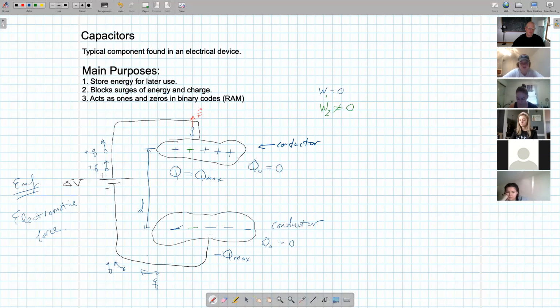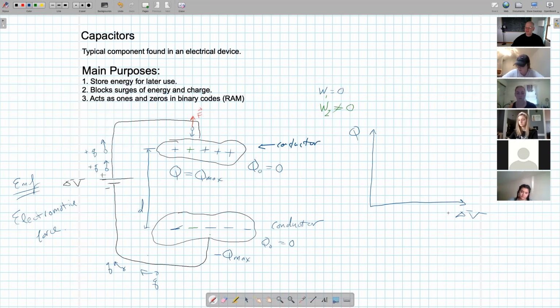So as I have bigger and bigger batteries, I can increase the maximum charge I can actually put on this thing because I can do more and more work. So basically that tells me that there is a relationship between the charge and the battery.